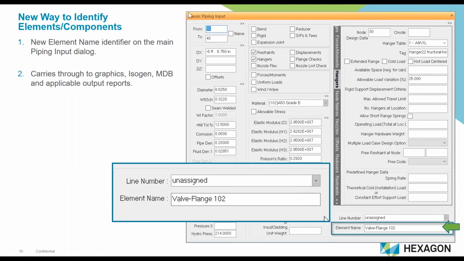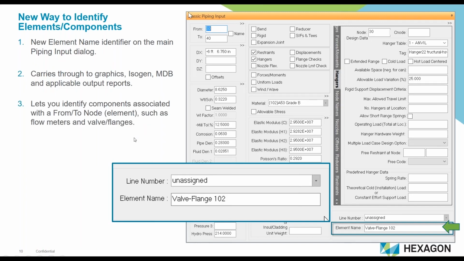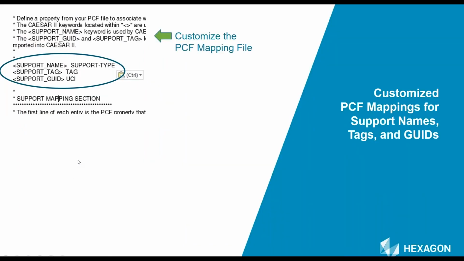Basically, this information is a way of tagging your from-to node and giving a label to it. The information carries through to graphics, Isogen, MDB, and applicable output reports. We have suggestions that it might help you identify things such as flow meters and valve flanges in your system, just a way of labeling them if you'd prefer to have that naming scheme.